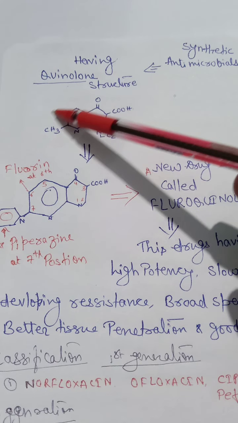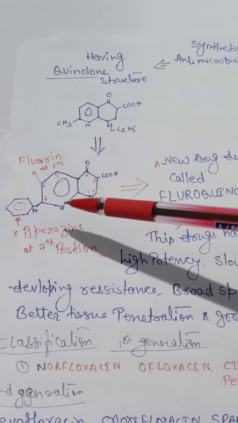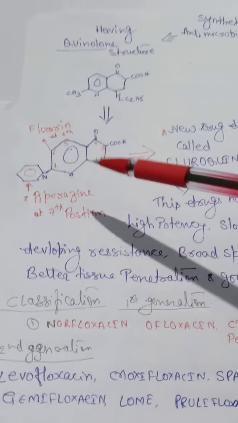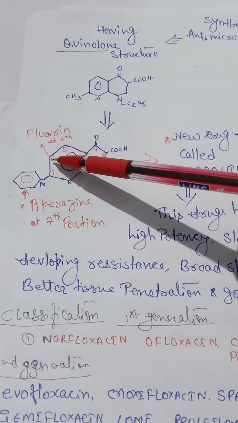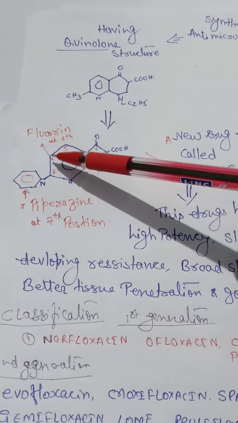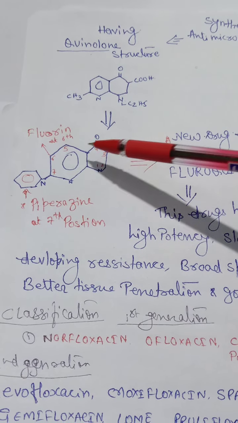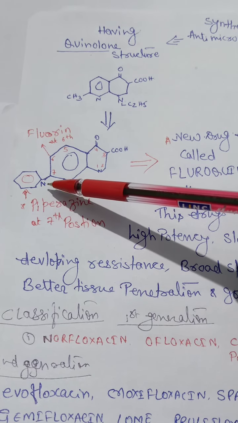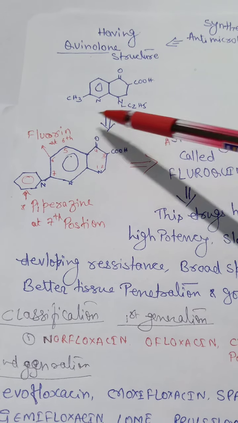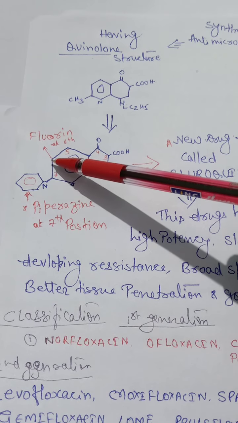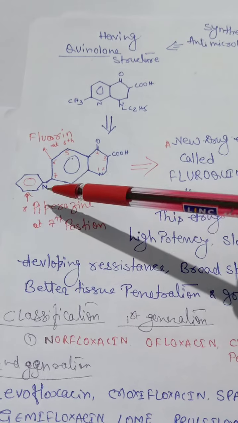As this is the structure of the quinolone molecule, as the resistance developed, the quinolone group was developed further by attaching a fluorine group at the 6th position and a piperazine molecule at the 7th position. At the 6th position the fluorine molecule is attached, and in the 7th position the piperazine molecule is attached.